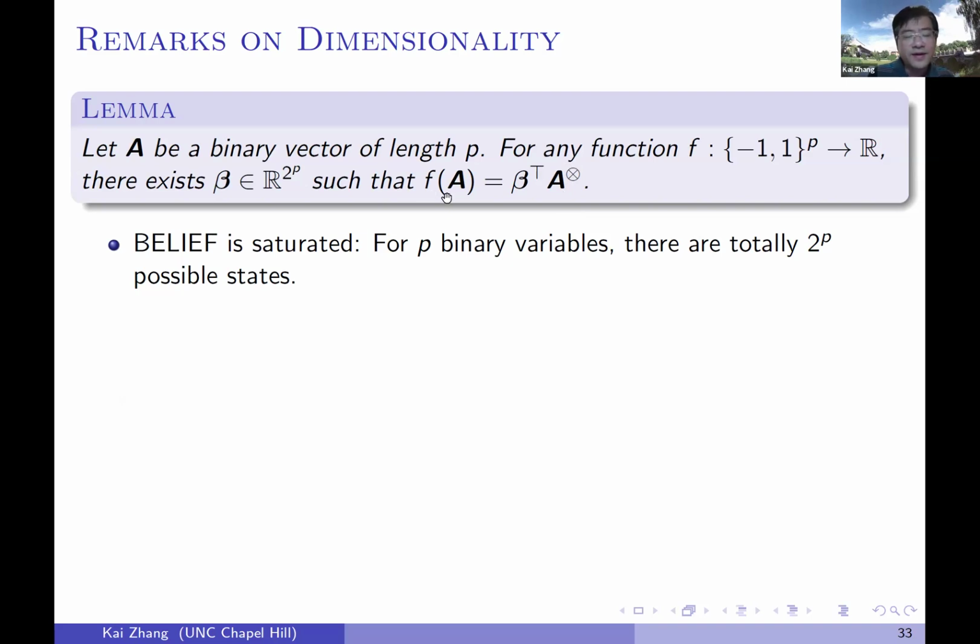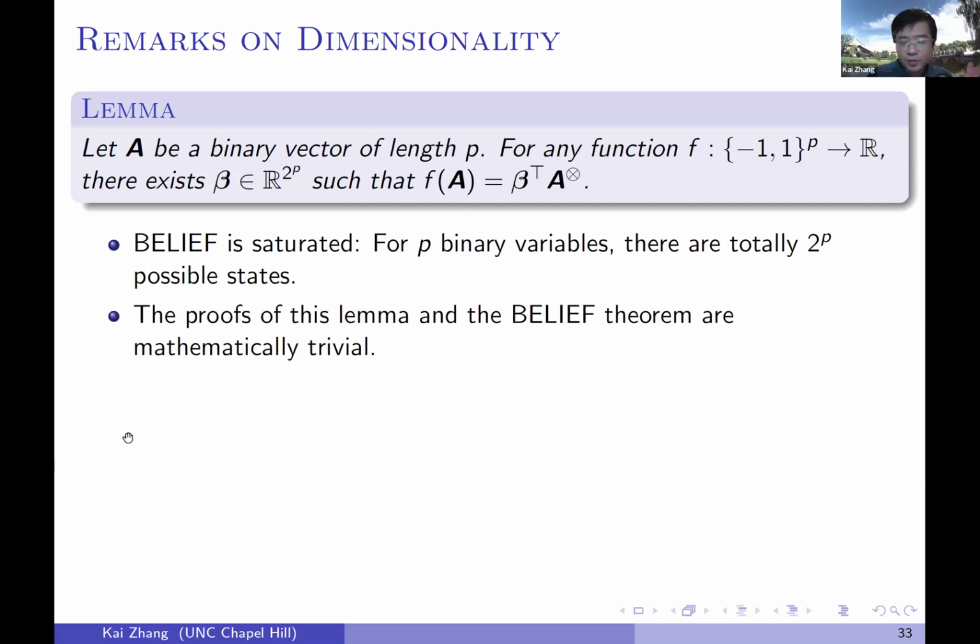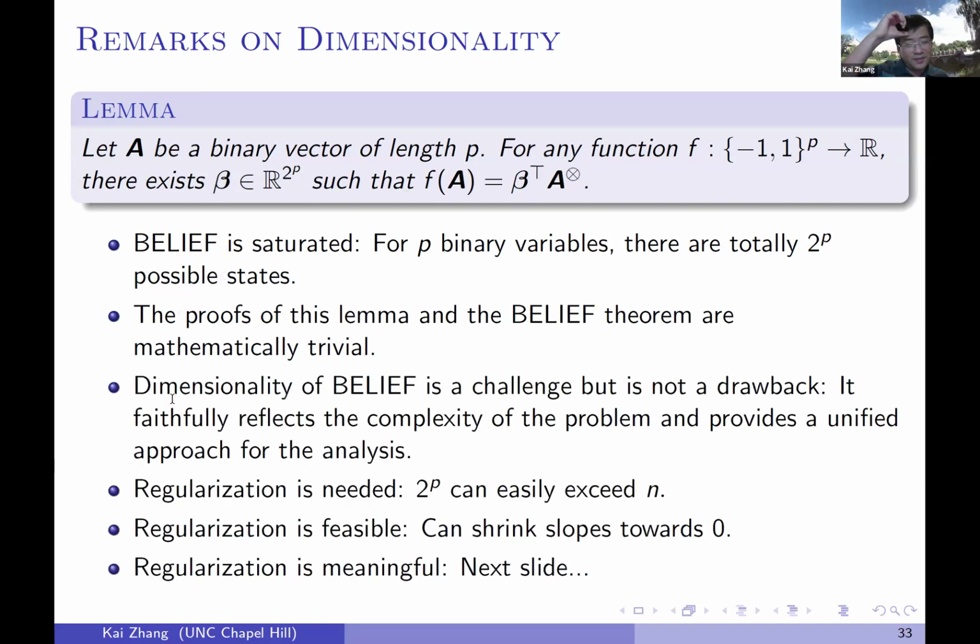So there's always a way to write any function of p binary variables into a linear form. So in a sense, the belief here is a saturated model, right? And belief and conditional expectation is a special linear function there. So the proof of the belief theorem and this lemma is really trivial, and it's a dimensionality problem.